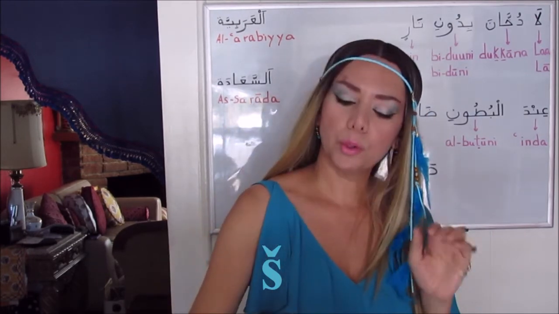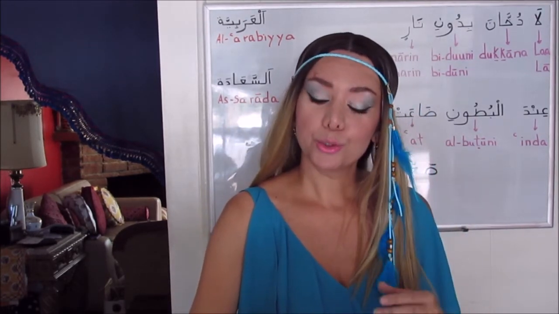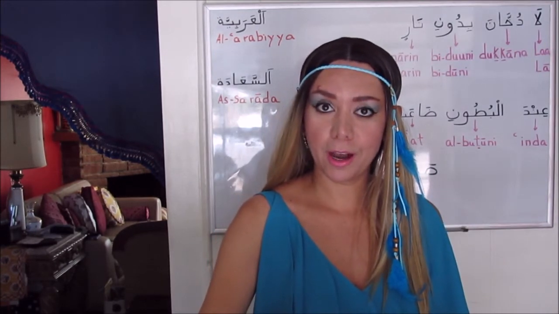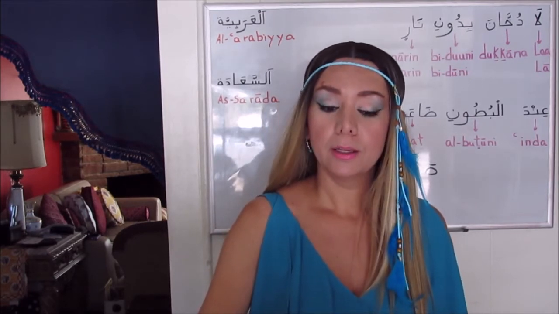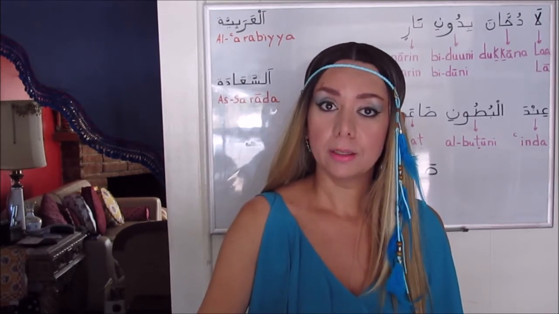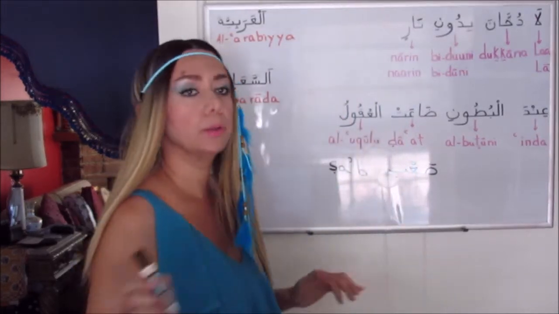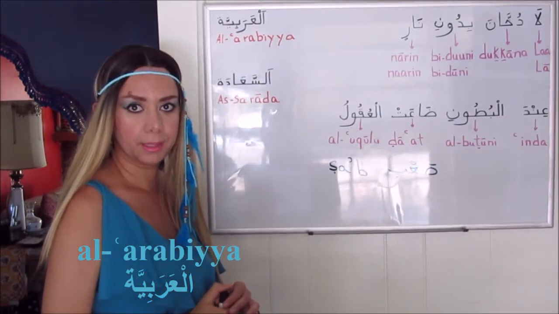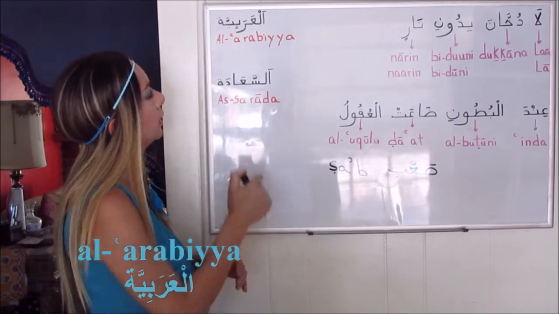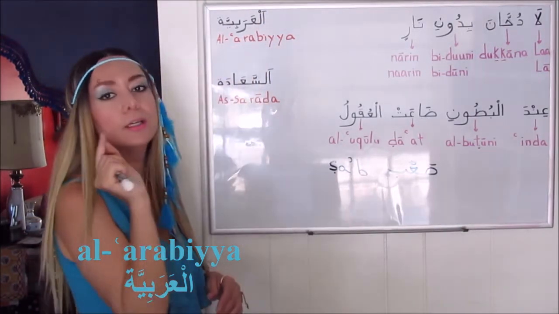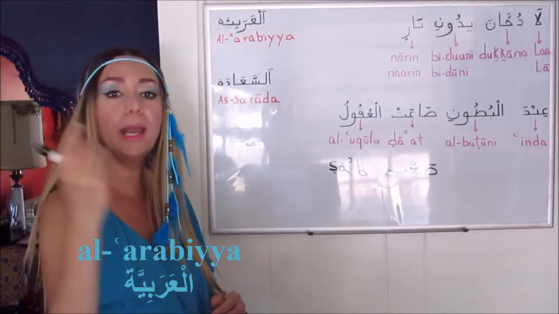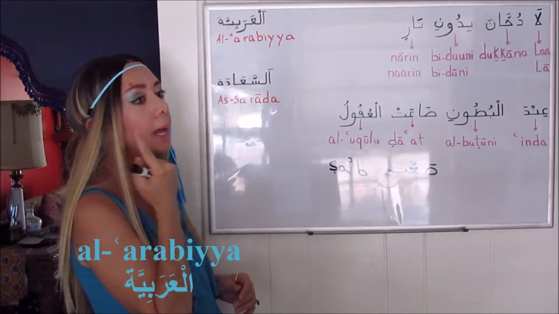It is noteworthy to know how to Romanize Arabic definite words with the definite article al, the English the, as with the word al-Arabiyya, the Arabic language. So we hear the fatha of the alif, so we will write an A, and then the lam, al.